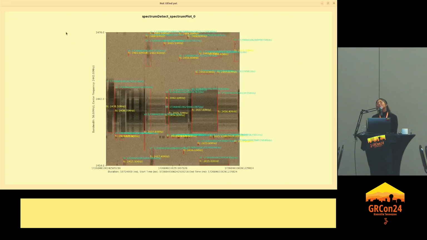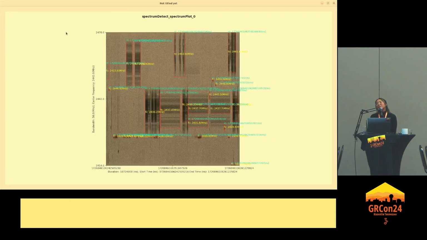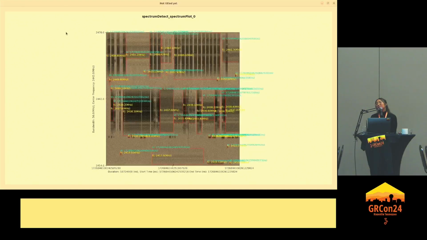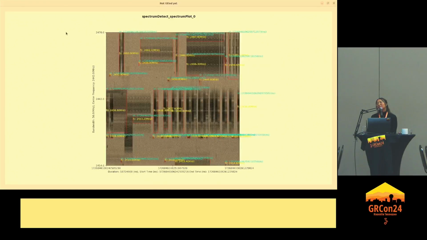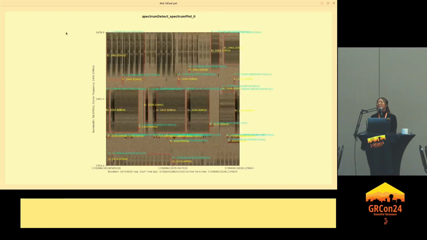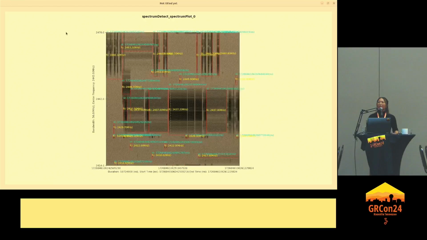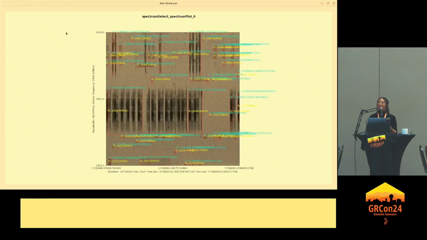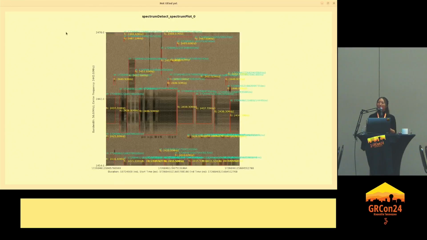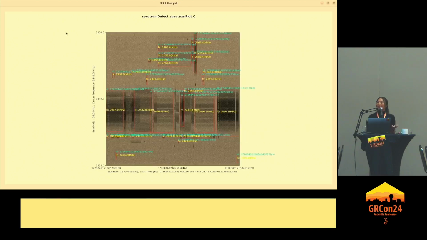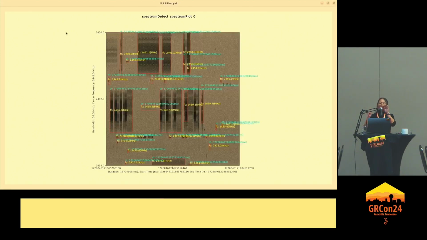So I'm wondering about unknown classes of modulation. Is your energy detection algorithm able to pick out an unknown class of modulation that you have not trained your model on? Yeah, so going along that, I think we want to be able to. Is your question how does it do on modulations we haven't seen before? Okay, gotcha.